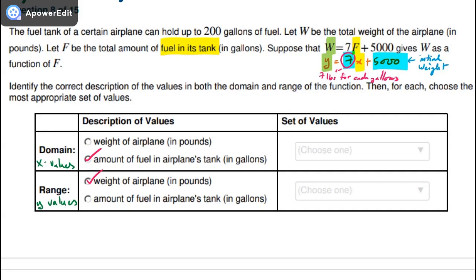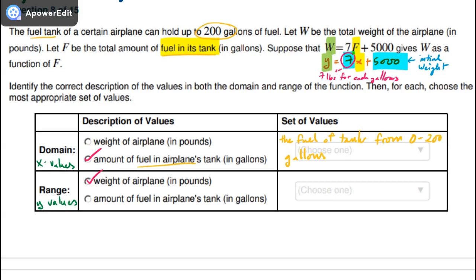Now what should we choose in the box? Unfortunately, I printed this out and forgot to show you the list. But the main idea is the x value is the domain, and it represents the fuel in the tank, the fuel in the airplane. They say that the fuel tank can hold up to 200 gallons, so you're going to choose something related to the fuel in the tank from 0 to 200 gallons.